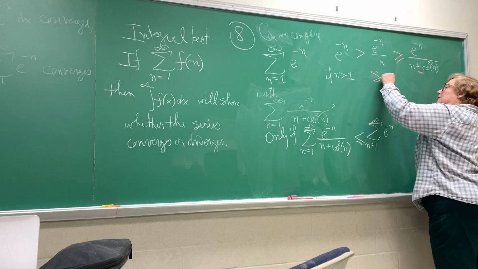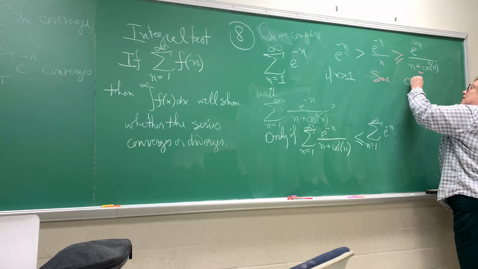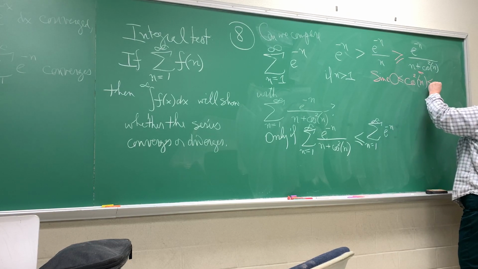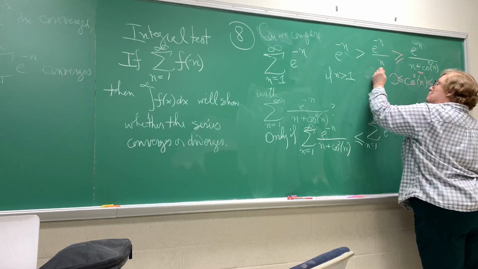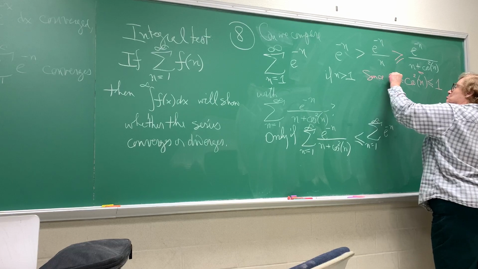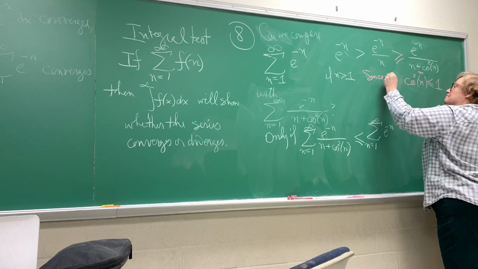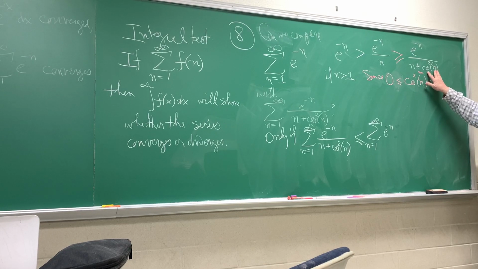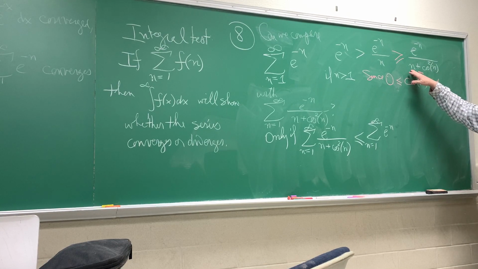So since cosine squared of n is between 0 and 1, then adding something is going to make the denominator itself bigger. And it doesn't matter that this thing we're adding is less than 1, because we've already got something bigger than 1.